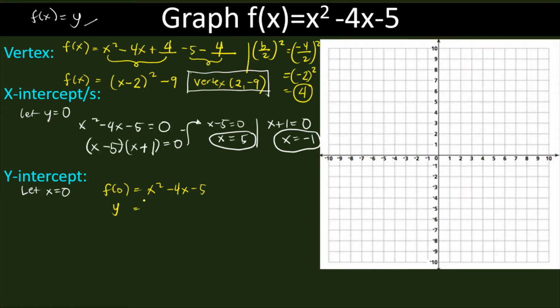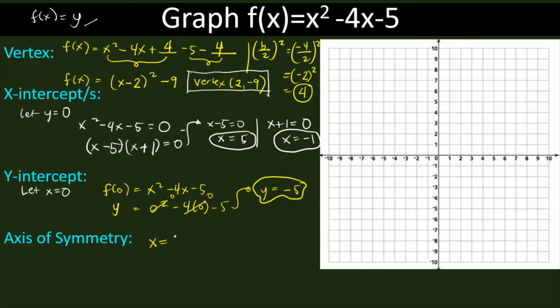And then we have 0 squared minus 4 times 0 minus 5. 0 squared, that is 0. 4 times 0, that is also 0. So, y here is equal to negative 5. To get the axis of symmetry, we have x is equal to h. So x is equal to, ang h natin ay positive 2.